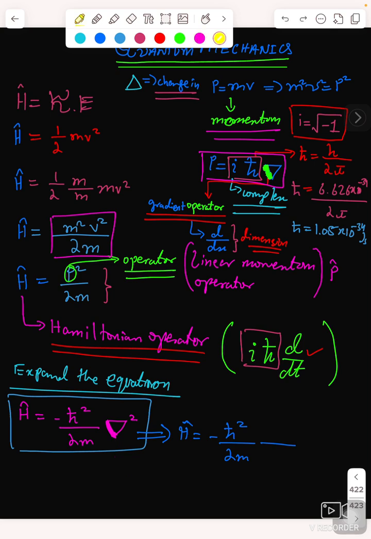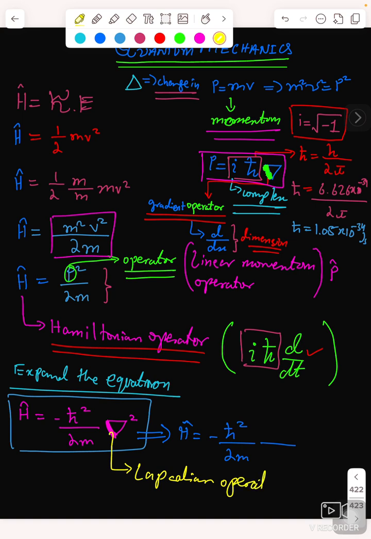Now the square of a gradient operator has a special name, which is known as the Laplacian operator. I'm very bad with names.